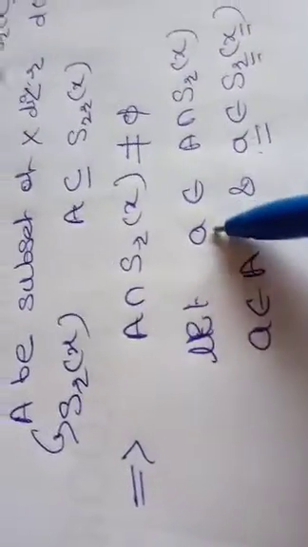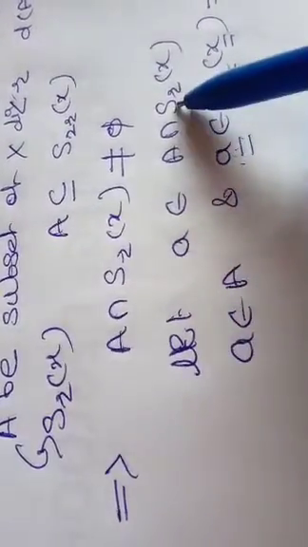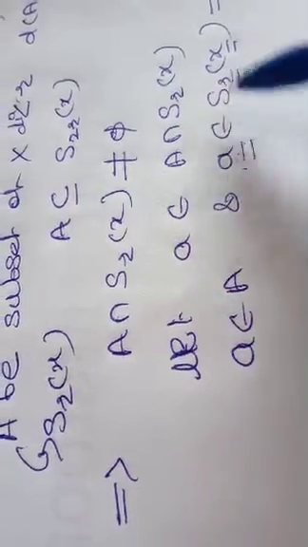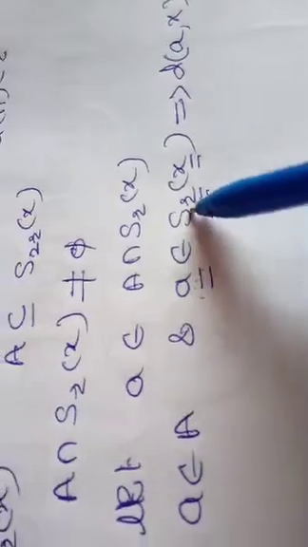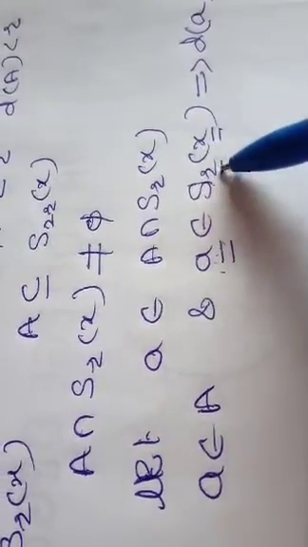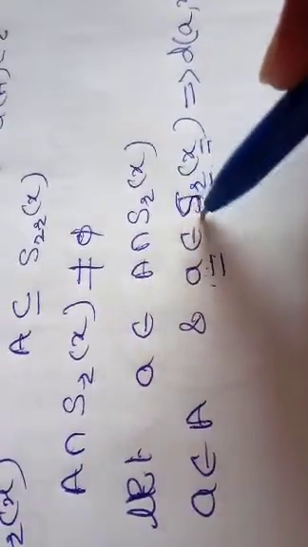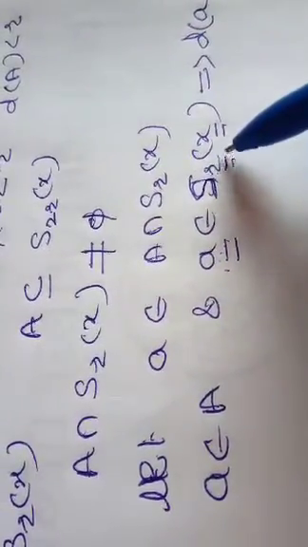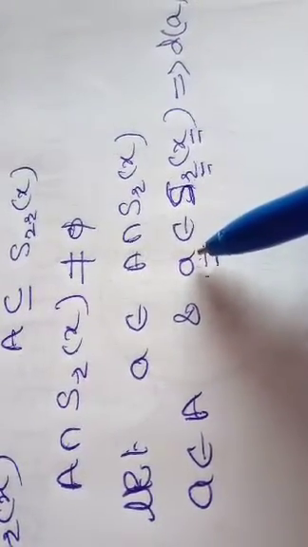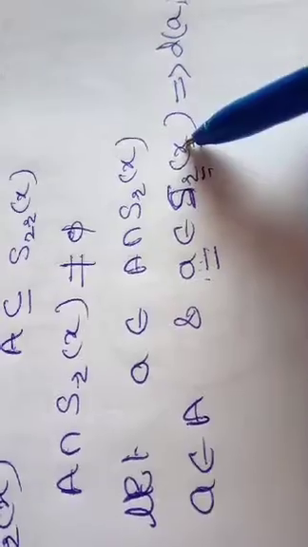S_r(x) is the open sphere centered at x with radius r, which means by definition the distance d(a, x) must be less than r for some r greater than 0.